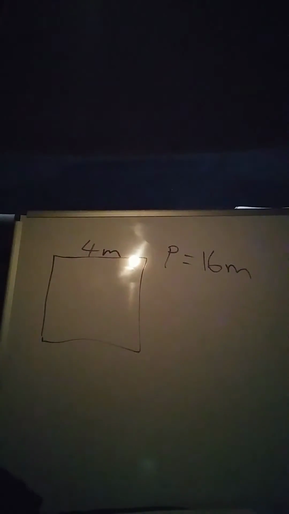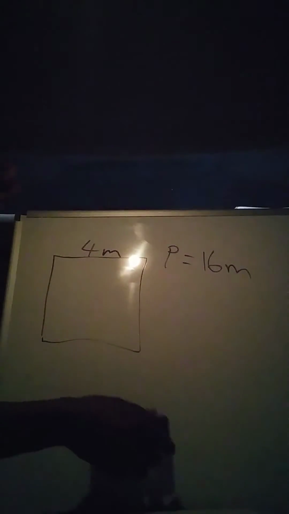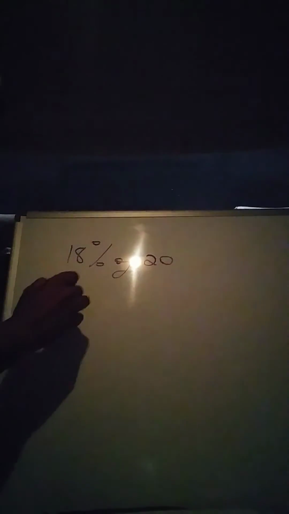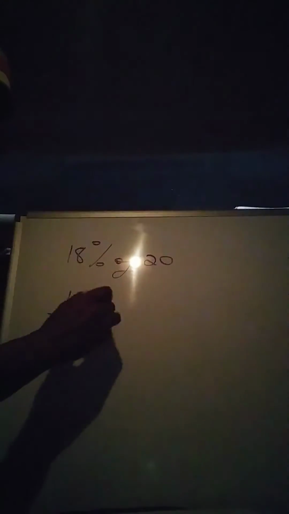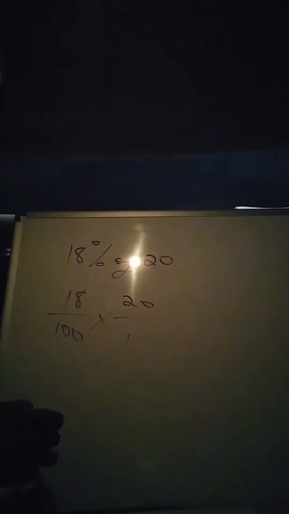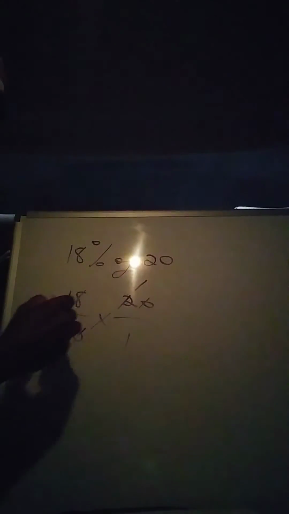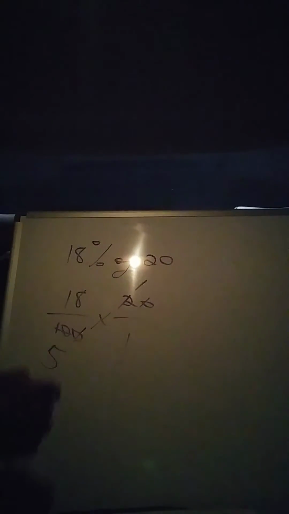Another thing that you need to know for your ASVAB is going to be what? Percent. Oh my goodness. We definitely need to know our percent. So for example, if you have find 18% of 20, how do we do that? It's going to be 18% times 20 over 1. 0 cancels 0, right? 2 into itself is 1, 2 into 10 is 5. So now we have 18 over 5.